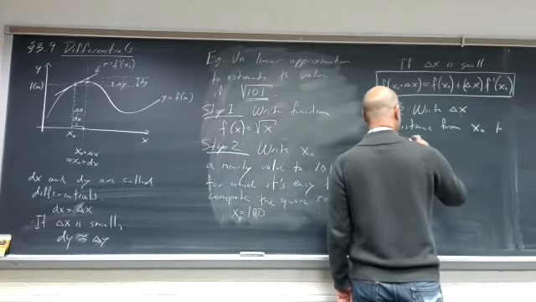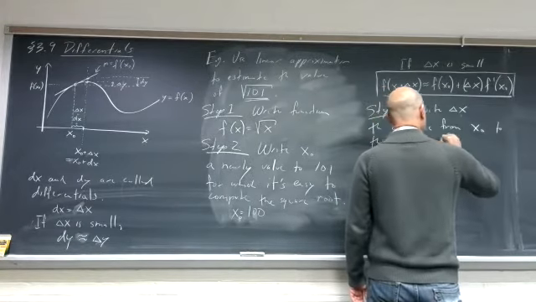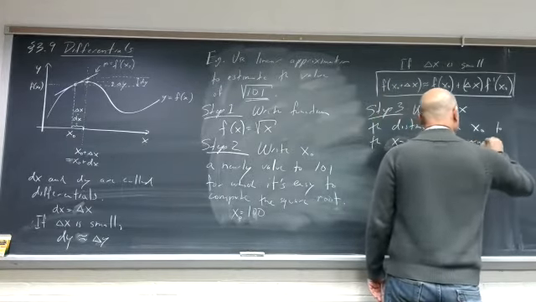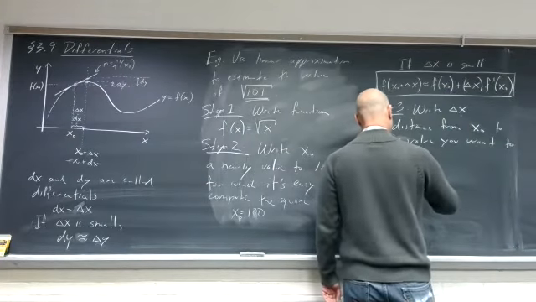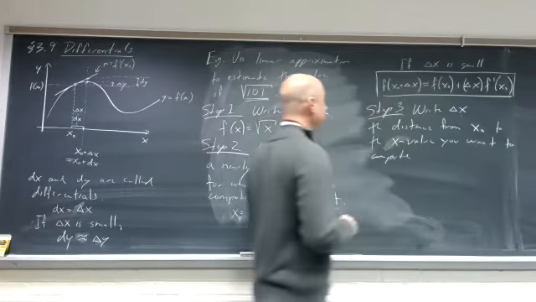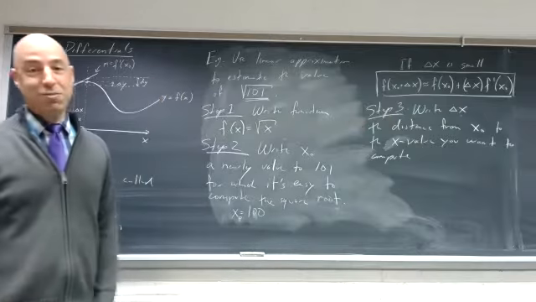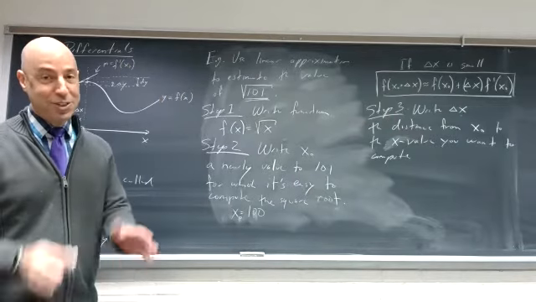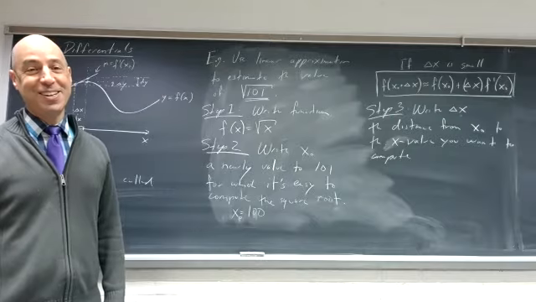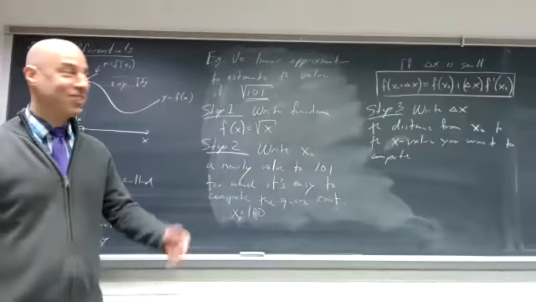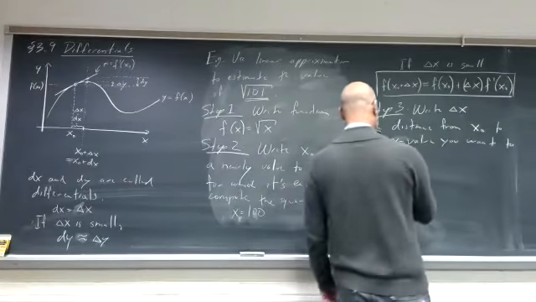This is the x value you want to compute. How far is it from 100 to 101? I don't mean to insult your intelligence, but just somebody say it. 1. 1, right. So delta x is 1.